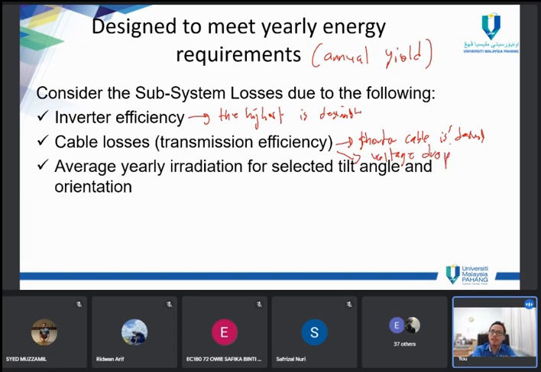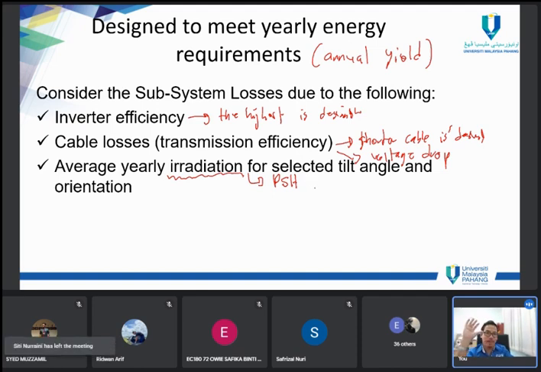What's next? Average yearly irradiation for selected angle and orientation. The important thing here is the irradiation. What is the irradiation? It is the peak sun hours that I told you roughly for the rough understanding. What does that mean?